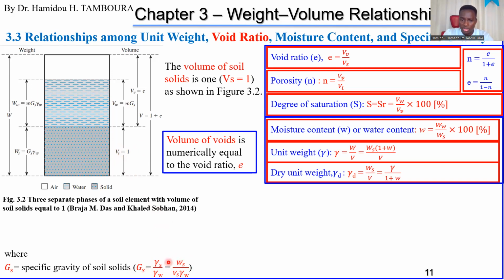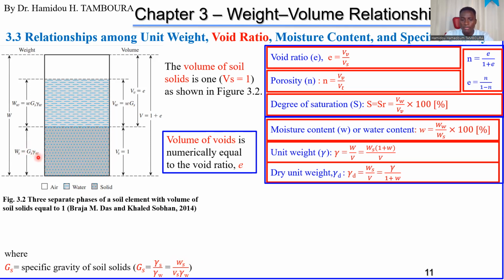In that case, you will obtain that Ws equals specific gravity by gamma W, unit weight of water.